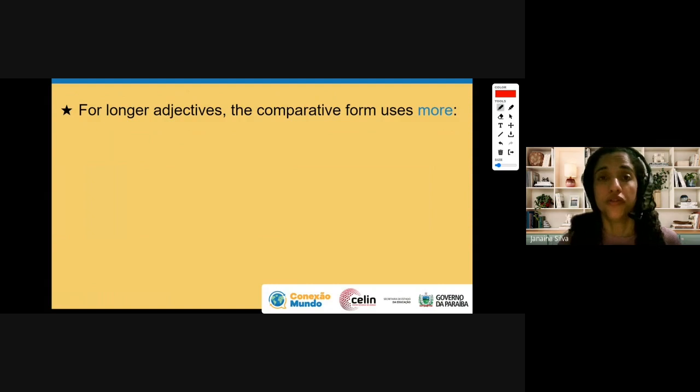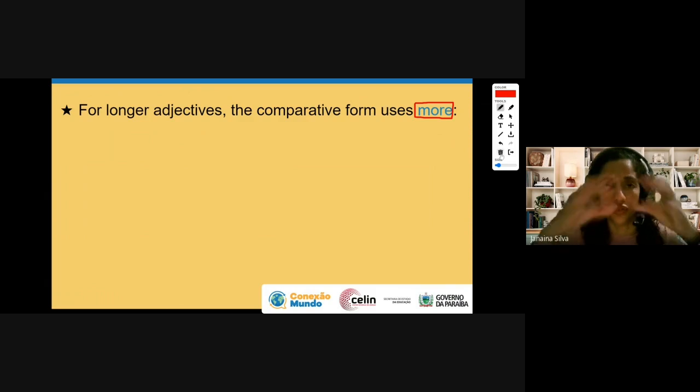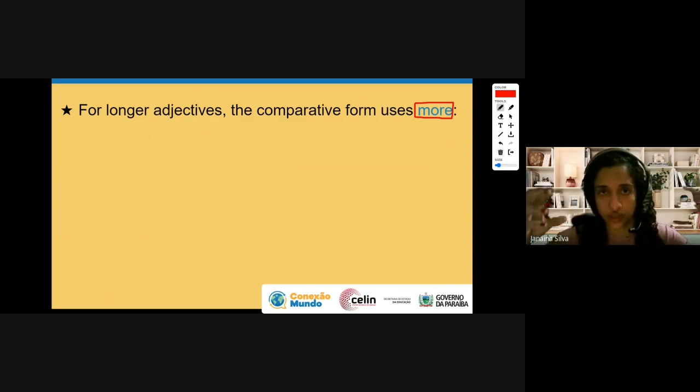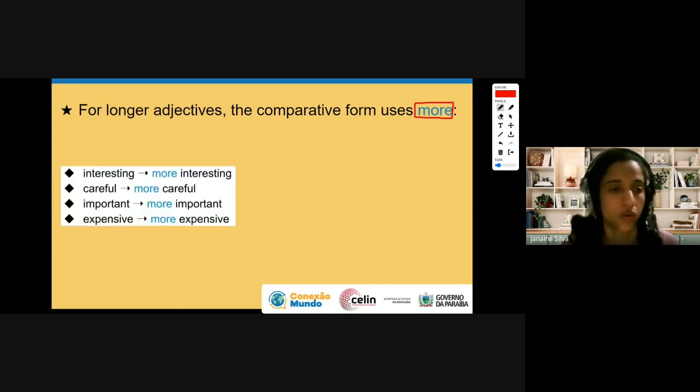Well, for longer adjectives, the comparative form uses more, right, students? Now the rule is different. If you have a long adjective, use more to compare. Here I have the adjective interesting.